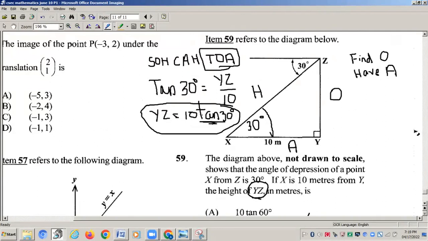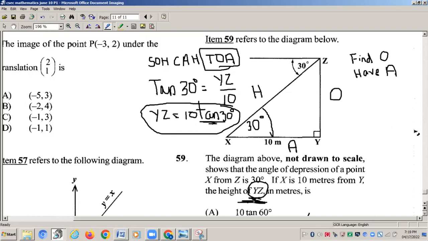Yes, the O. Put it this way, Mrs. Walker, hypotenuse. No. The question says find what? O, YZ. You understand? YZ.